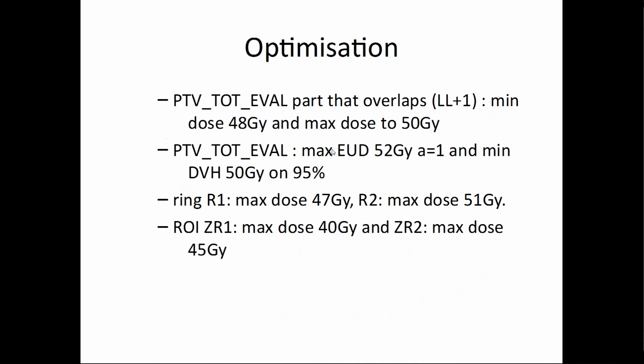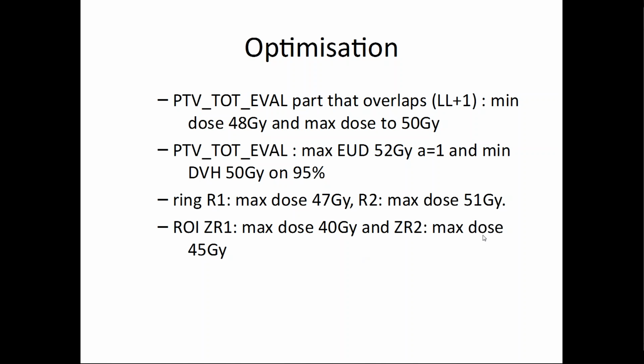So I put this target max LD with the EUD equal to 1, which means the average dose, max to 52 gray. And then I put some constraints from the rings: ring 1, which is the 7 mm with 4 mm gap, max dose to 47, and on the ring that is on the supraclavicular area, the max dose is 51.